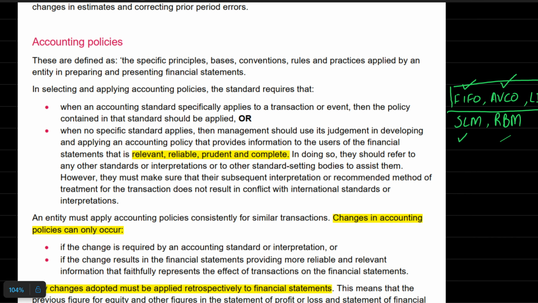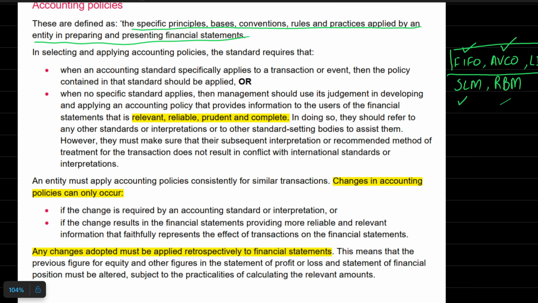Accounting policies are specific principles, basis, conventions, rules and practices applied by an entity in preparing and presenting financial statements. For accounting policies, we will discuss how to select an accounting policy, how to change an accounting policy.